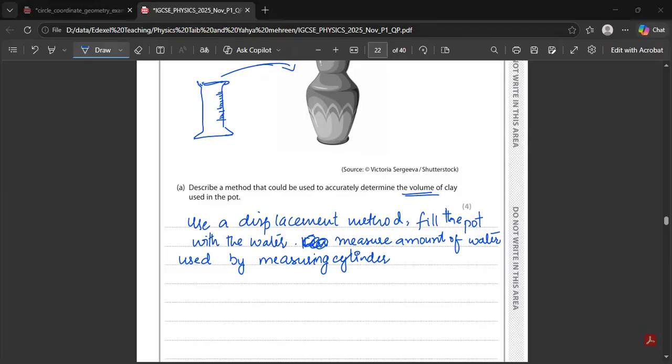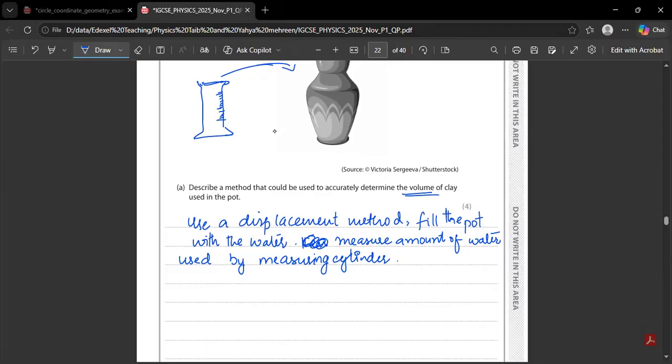So what are we going to do? We will measure the amount of water and repeat the experiment to avoid which errors?